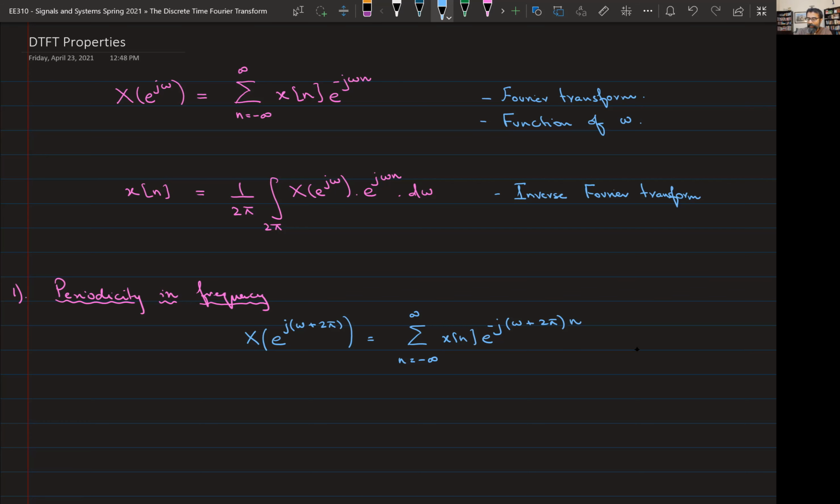Now, if I just expand the exponential, this is the sum from minus infinity to plus infinity of x of n e raised to power minus j omega n, times e raised to power minus j 2 pi n. Can I say something here about what this is going to be equal to?